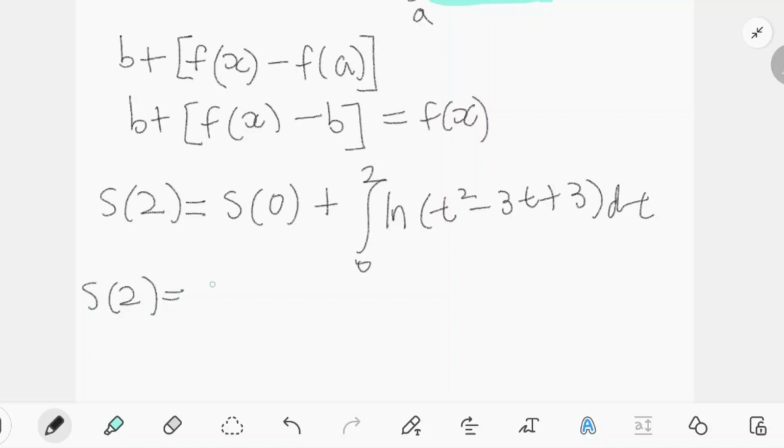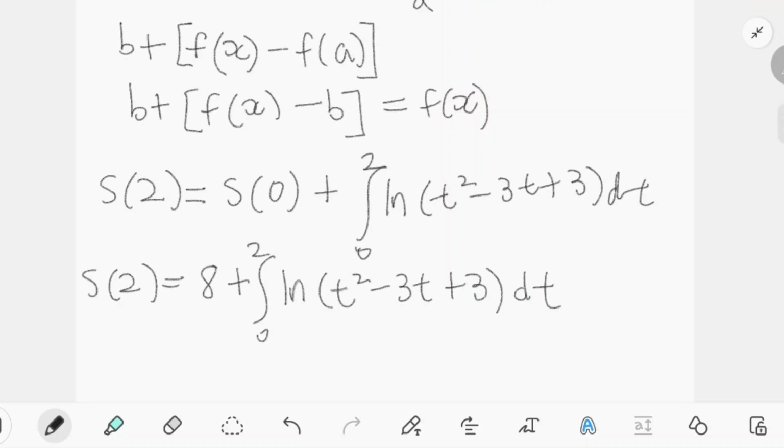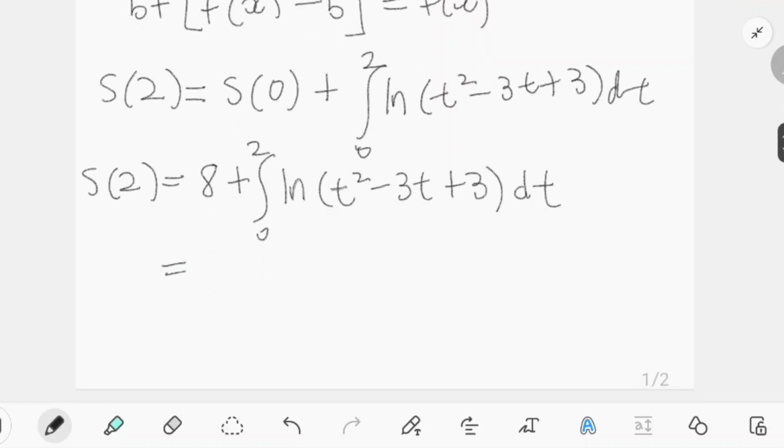We know s of 0 is 8. Use your calculator to solve this and you should get 8.369. So the position at t equals 2 is 8.369.